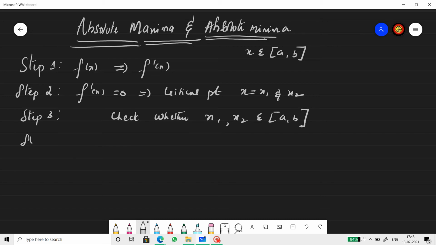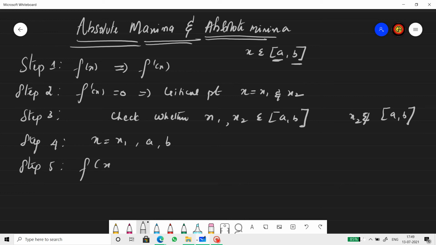So step 4, after you accept the x, imagine x2 does not belong to [a, b]. So the possible values of x are x1 and then a, b, the end values also. Now step 5, apply all these in f of x.